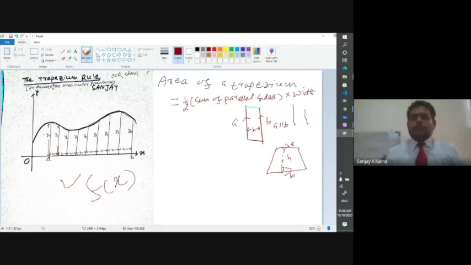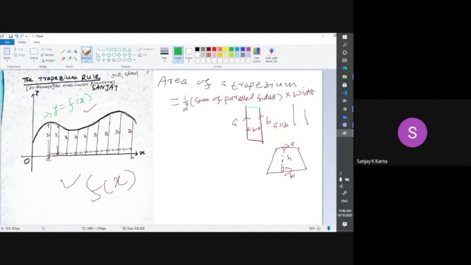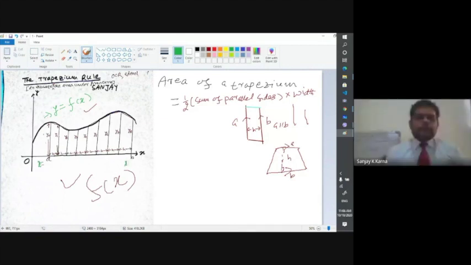Alright. In this figure you have a curve, and you can name this curve y equals f(x). That means it is a function of x and it has some shape. Suppose the curve has a shape like this, and I'm interested in finding the area under this curve in the range x equals a to x equals b.